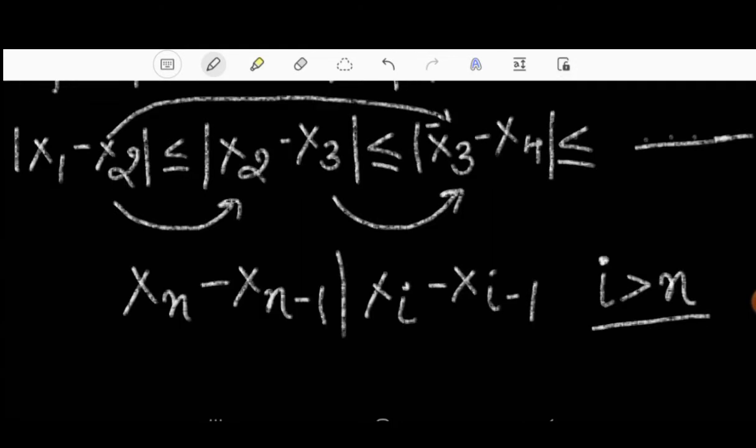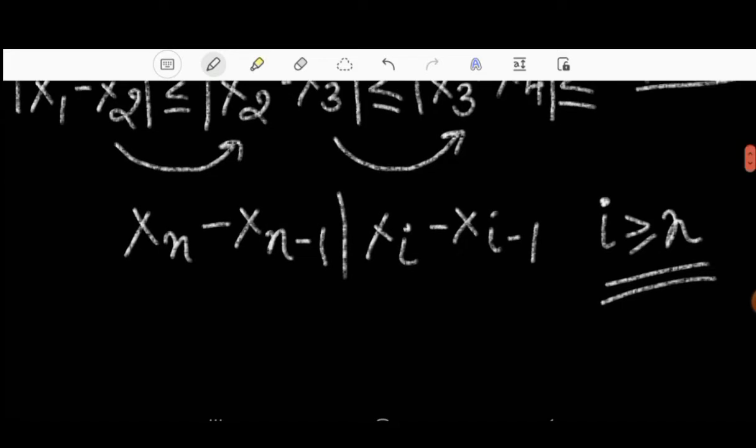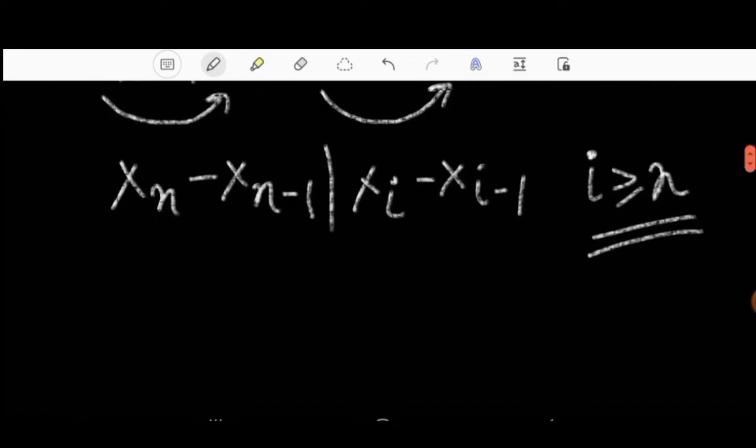Here I think it's not strictly, or maybe equal to n, right? So fine.